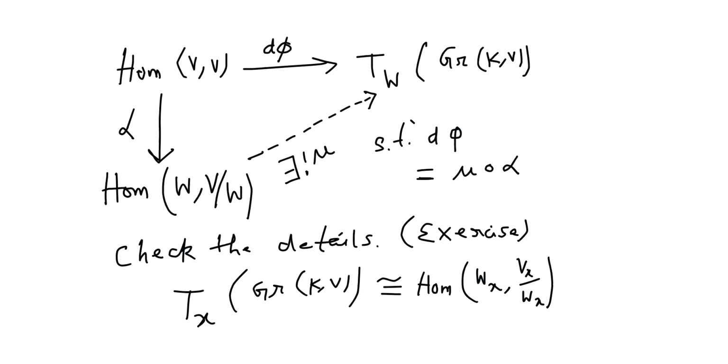Now, if you do this for every point, you get the whole tangent bundle. That is your tautological bundle W. And at each point x, if you attach the vector space V, you get the trivial bundle. So on the bundle level also, this goes through at the level of bundles.